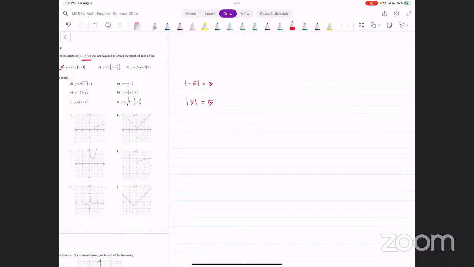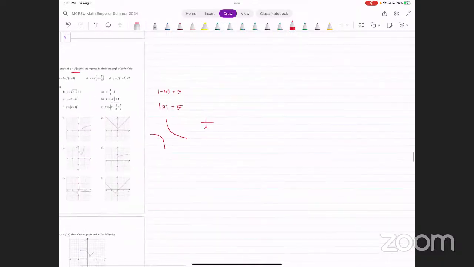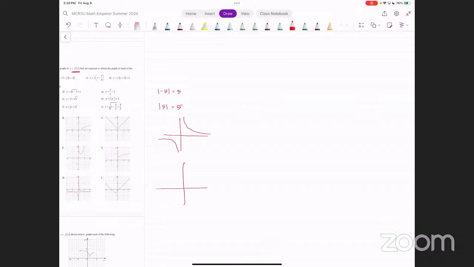Now, if a function goes like this shape, this is something in the form of 1 over something, right? A reciprocal function. Did you see that? If a function resembles a shape like this, or a shape like this, it is something 1 over something, right?